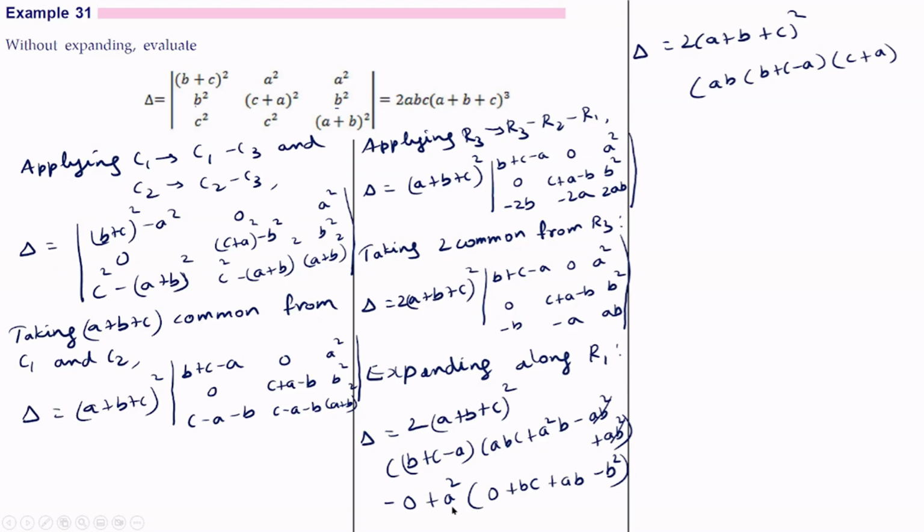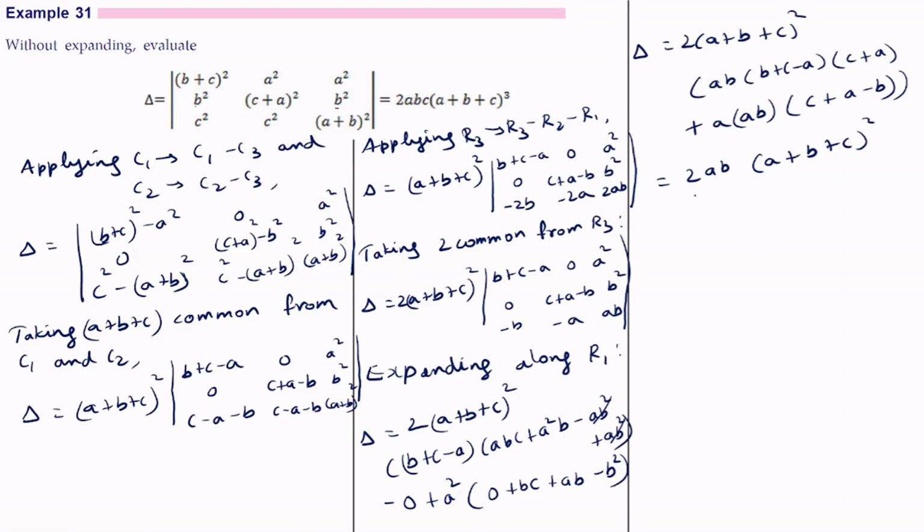We are trying to take ab outside, so we can write it as plus a into ab into, here we have c plus a minus b. So here ab is common, which can be taken outside. So this becomes 2ab into a plus b plus c the whole square. So here we have to multiply b plus c minus a into c plus a. We have taken ab common outside.